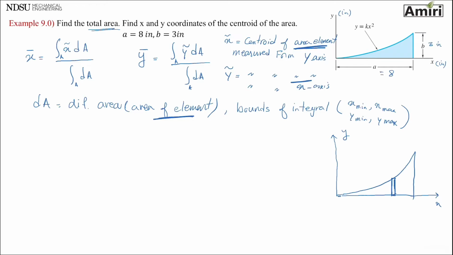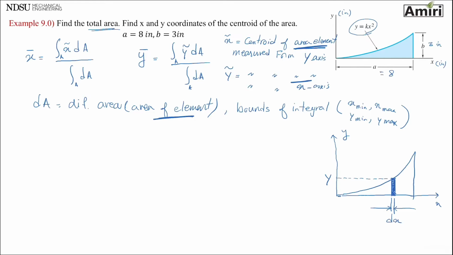It will have a differential amount of x as its length, and the length of it at any given time is going to be y because it is on axis y. And I have the y function. It's y equals kx squared.